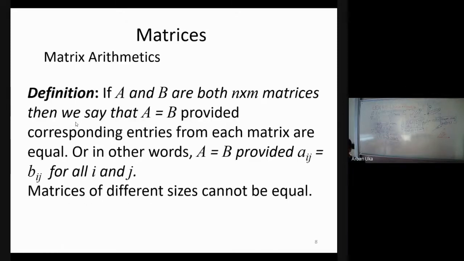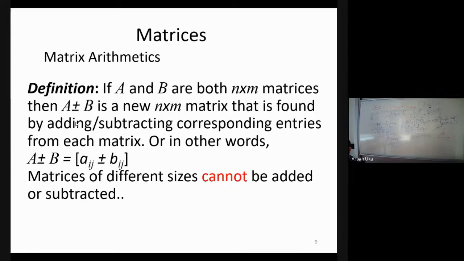Then we can define different operations with matrices, such as matrix arithmetic, where the simplest would be addition and subtraction. The definition of addition and subtraction we can see here in this slide. For matrices A and B, adding them is equal to adding each element of A to each element of B, one to one.